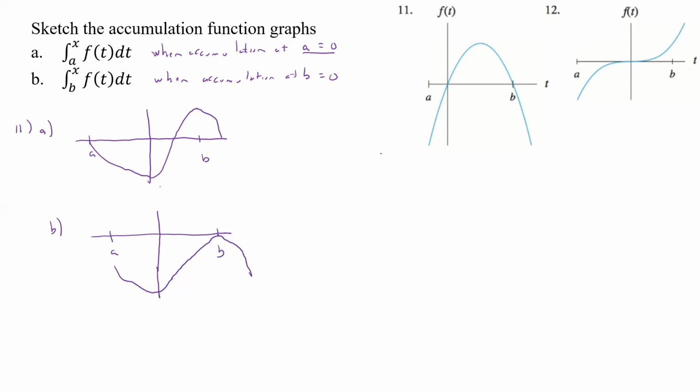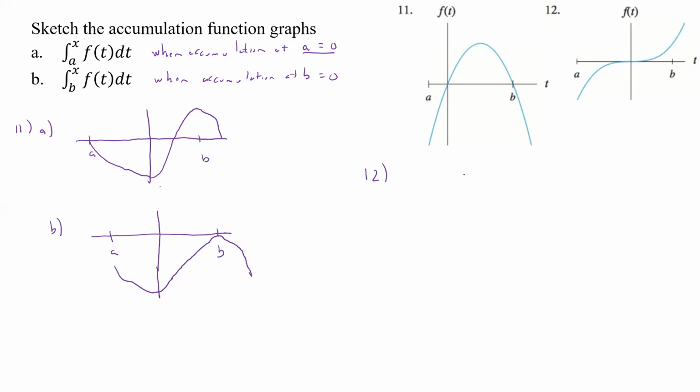Now, what about 12? Well, here we're going down, and then we're going to kind of plateau. We're going to be crossing over at that 0. So like here, we're going to have a point where it's crossing at 0, but this is a bigger plateau here. It's going to be really flat at that point. And then after that, it's going to start going back up.